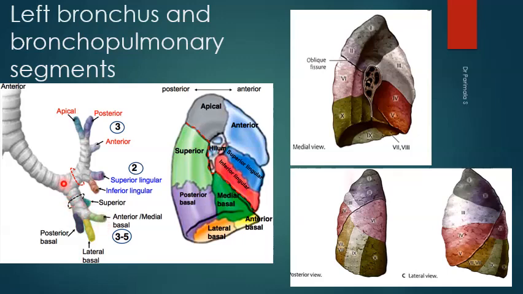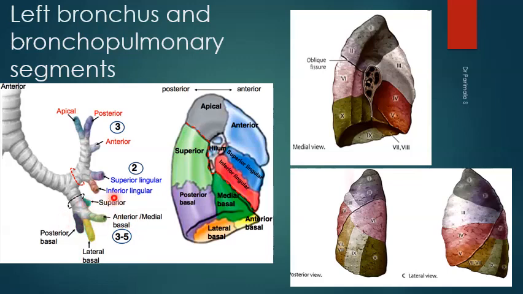Here we can see it is passing downwards, laterally and backwards, and divides into four tertiary bronchi: superior, anterior medial basal, lateral basal, posterior basal. So what are we seeing?